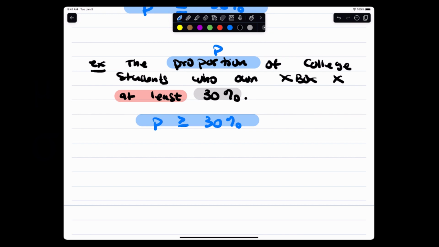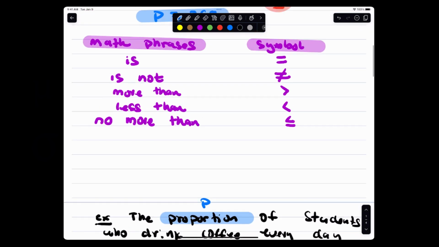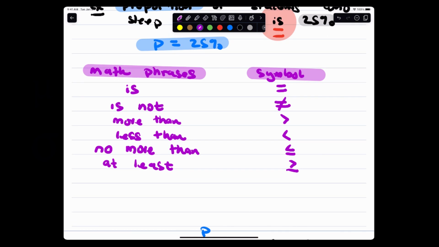At least 30%. So, here we go. Greater than or equal.